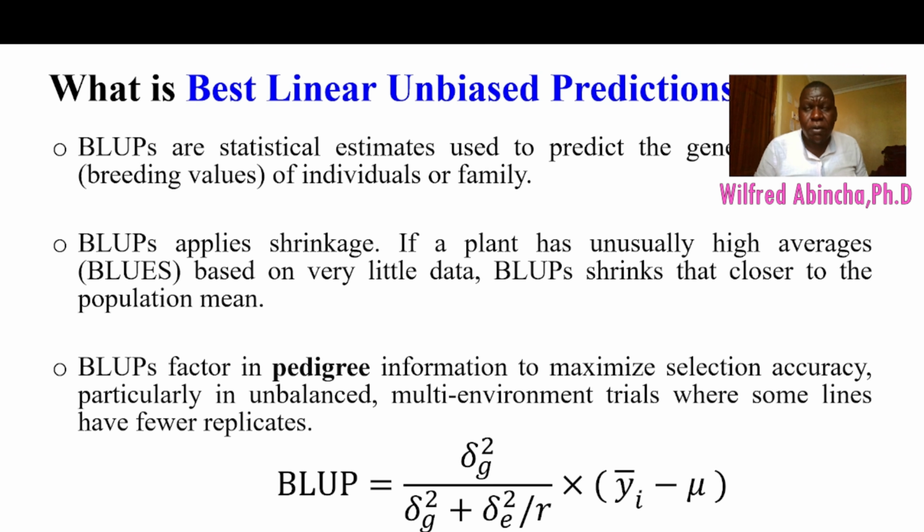Again, somebody asked me, when you are doing genome-wide association studies and genomic selection, do we fit the phenotype as BLUPs or BLUs? My suggestion is to use BLUs, because those models are developed in a way that they treat the phenotypes as random effects, as BLUPs.